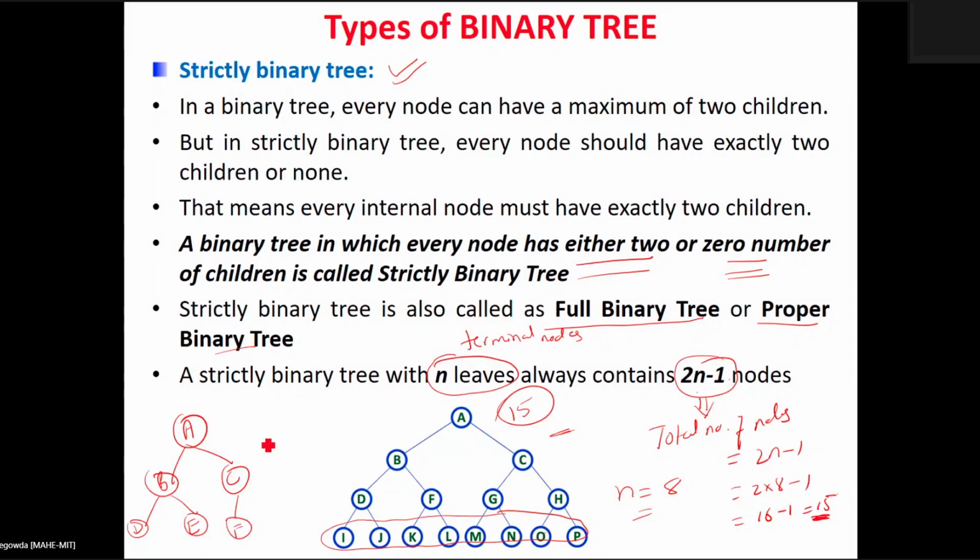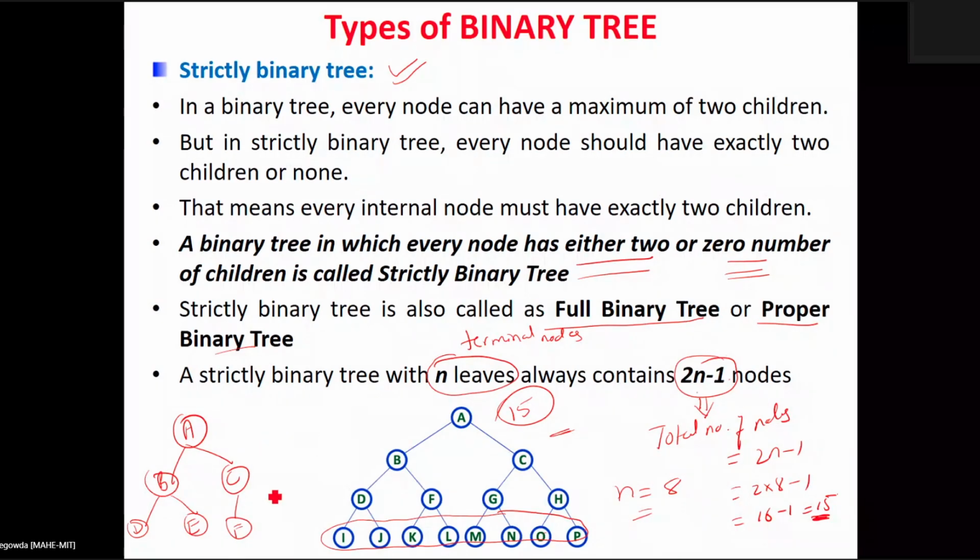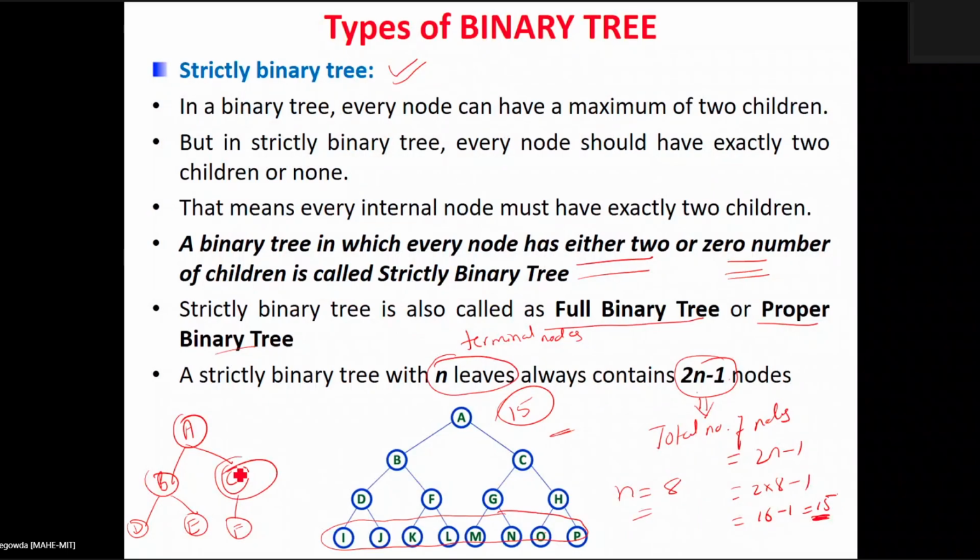If you look at this tree, the node C is an internal node. It is not a leaf node, not a terminal node, but an internal node. Although all the nodes are on the same level here, B and C belong to the same level, and D, E, F also belong to the same level. That is level 0, this is level 1, and this is level 2.